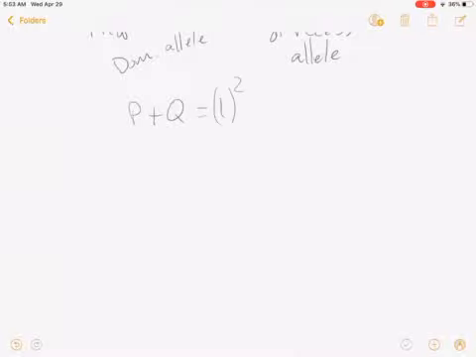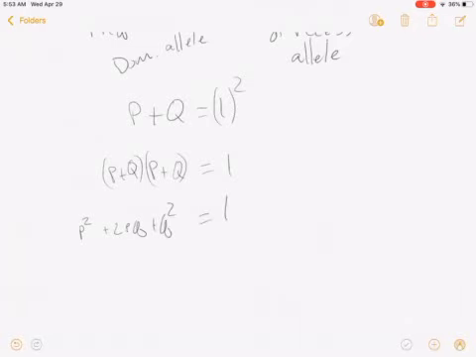Squaring this side was no big deal, that's just a 1. But when they squared this side, they had to do a whole binomial thing. It gave them p squared plus 2pq plus q squared equals 1.